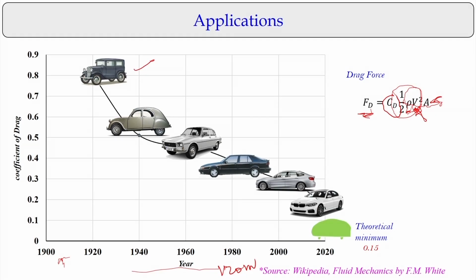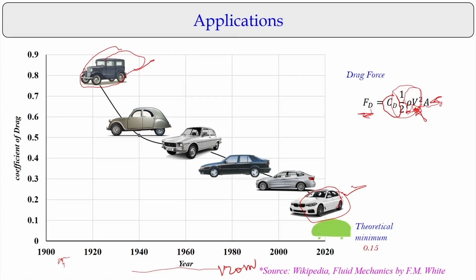Look at the shape of the cars we have today: if you move with the design speed, we will have a drag coefficient close to 0.15. This is the strength of fluid mechanics evolving the automobile sector, with very efficient streamlined cars available today. The drag coefficient CD goes from 0.8 to 0.15, that means almost 1/6.